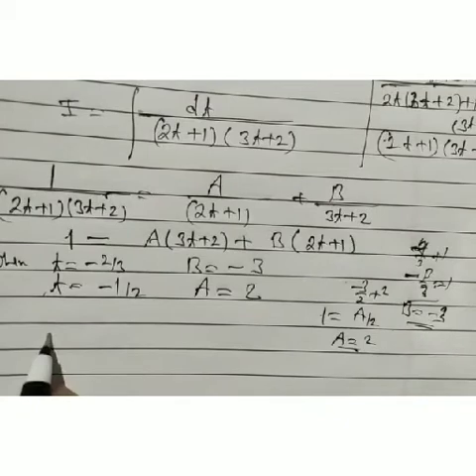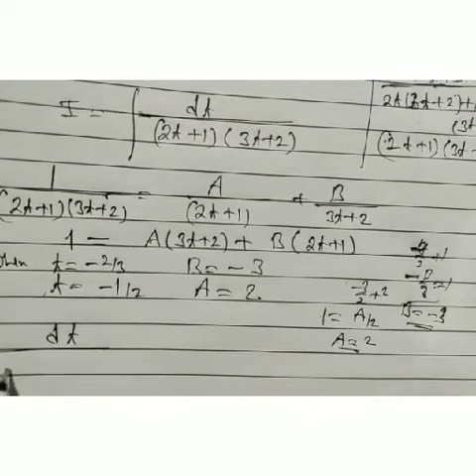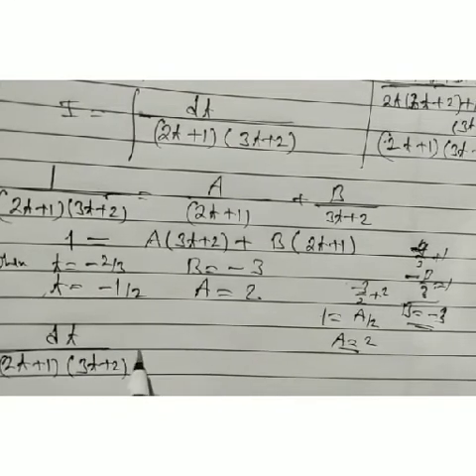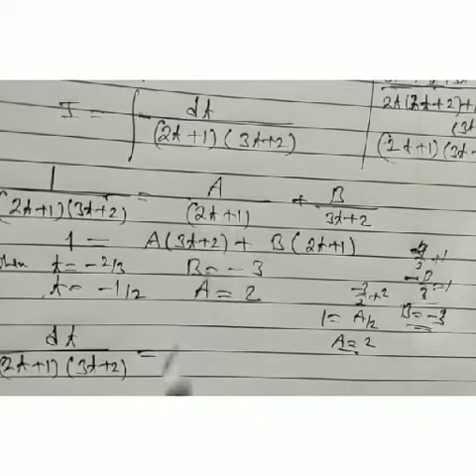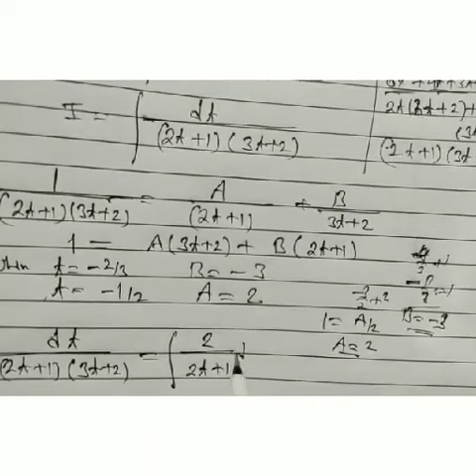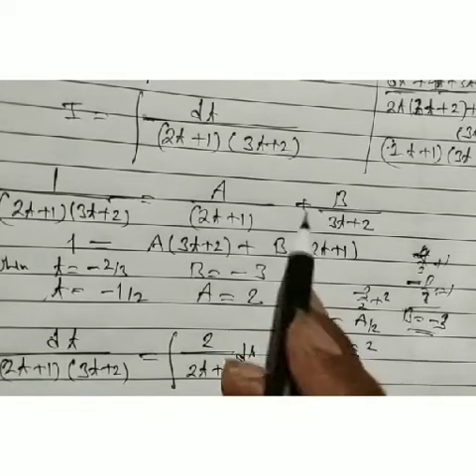Now the integration of dt upon 2t plus 1 times 3t plus 2 is given by the integration of a, that is, 2 upon 2t plus 1 dt, and b is minus 3.